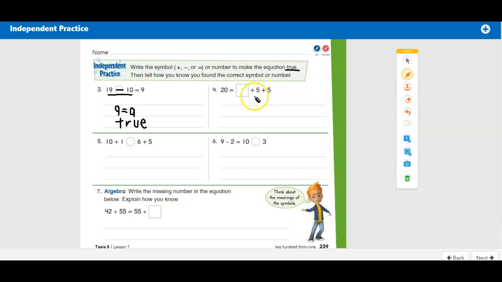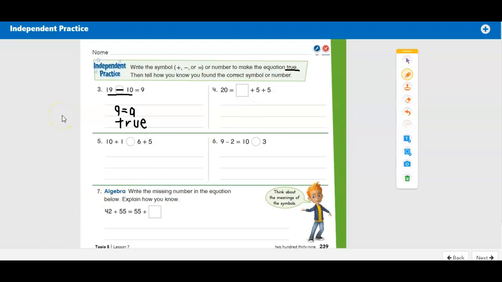So 5 plus 5 plus what number would equal 20? Remember, we are making true equations for all of these. So first, find out what is 5 plus 5. And then what would you need to add to 5 plus 5 to get 20? And you'll write your number in the box here. And you can show your work down at the bottom.